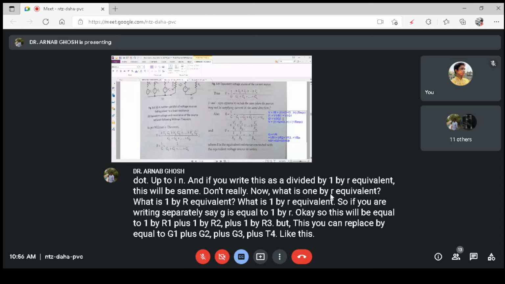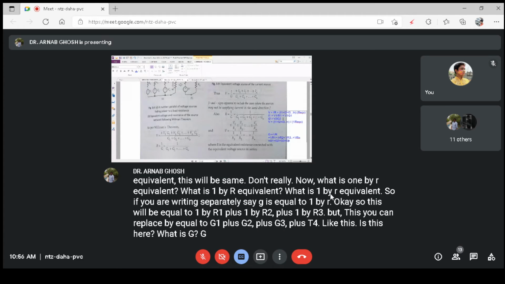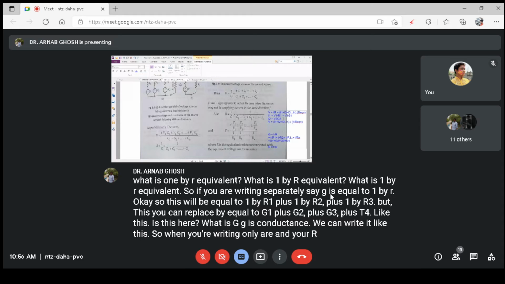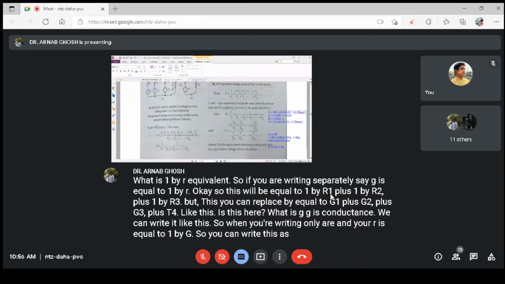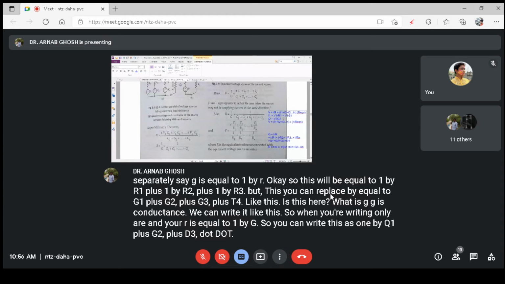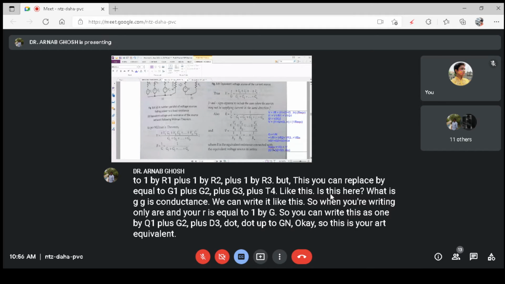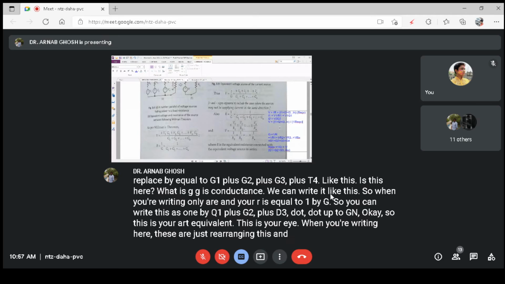Is this clear? G is conductance. So you can write it like this. So when you are writing only R, your R is equal to 1 by G1 plus G2 plus G3 dot dot dot up to Gn. Okay, so this is your R equivalent. This is your I. You are just rearranging this and writing here I1 plus I2 plus dot dot dot.